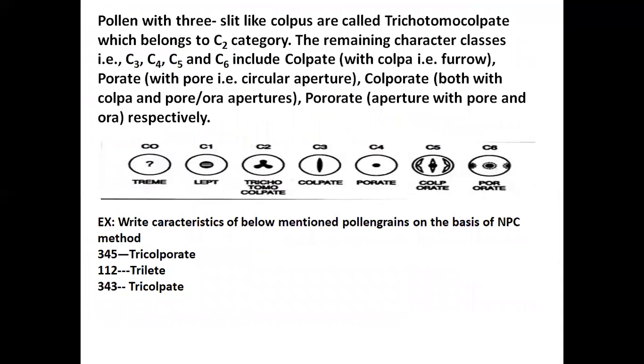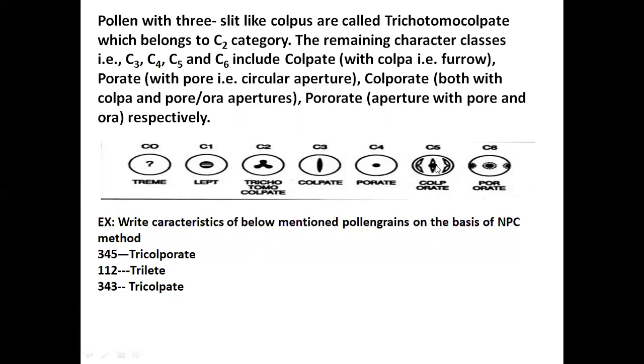Pollen with three slit-like colpi, for example trichotomocolpate, belongs to the C2 category. This has three slit-like structures. The remaining character classes C3, C4, C5, C6 include colpate. Colpate means furrow, a single colpus. With pore is called porate.